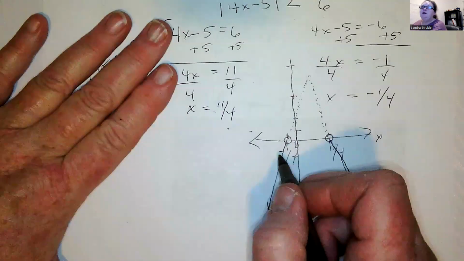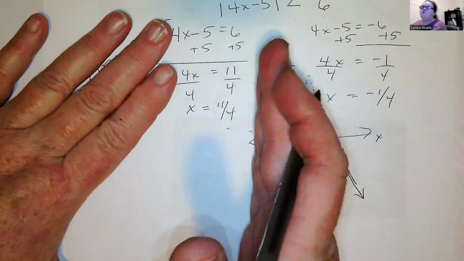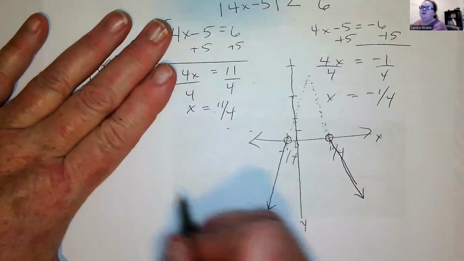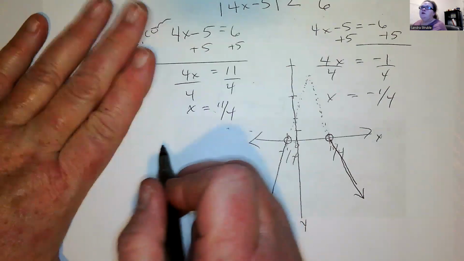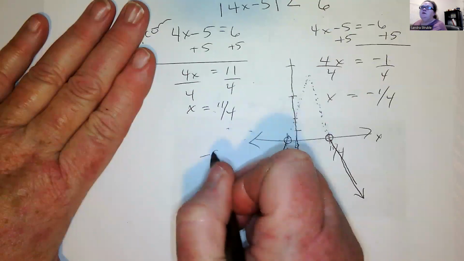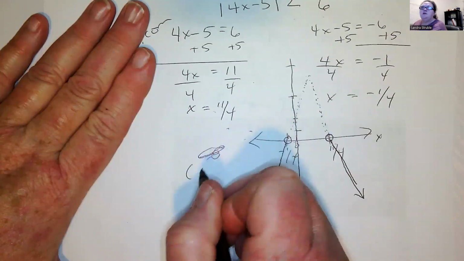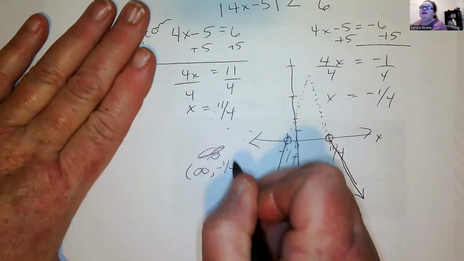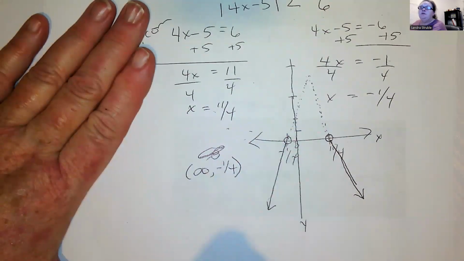All right, but we need to know what that's referencing on the x-axis. And in this case, it's saying, well, -infinity is going to be included over here. It's going to keep going and going and going. So -infinity, comma, -1/4. -1/4 is not included.